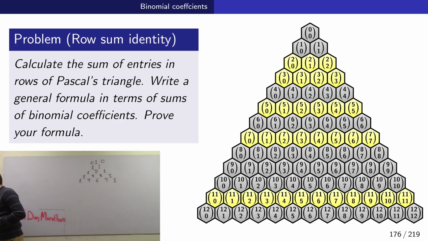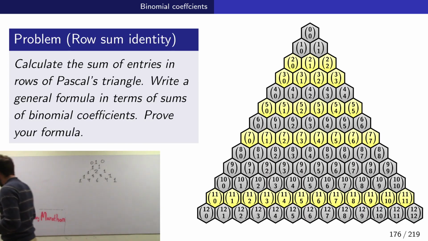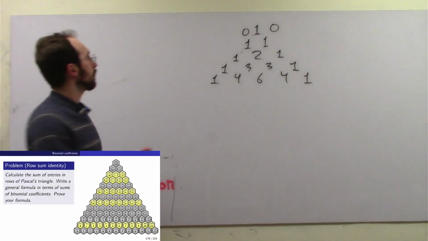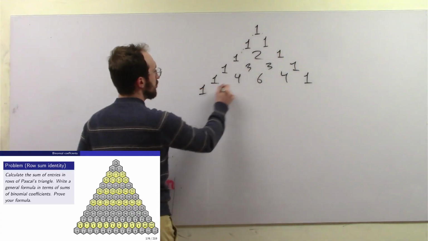Well, we have this picture here that hints at some structure with our triangle. What is that? So we have these rows. Let's look at those rows. I'll do one more row here.